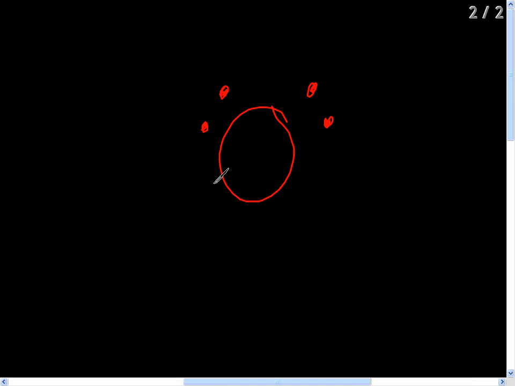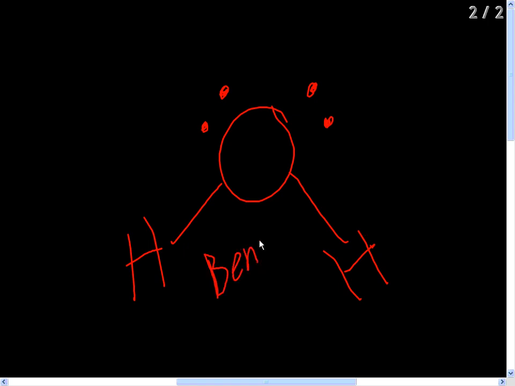Now the problem here is that I'm representing a three-dimensional object in a two-dimensional format on just this screen. So notice that the hydrogens have gone down to form this bent shape, and the electron pairs have moved up top.